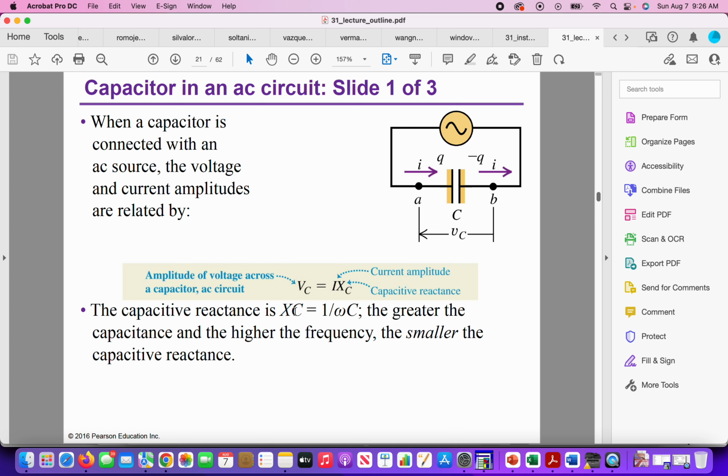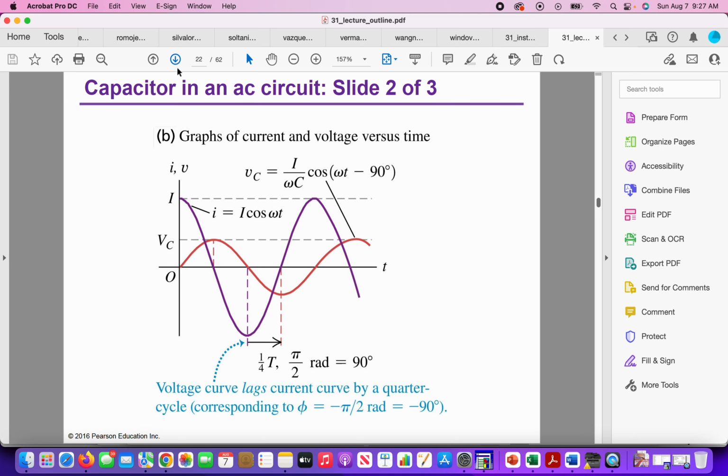XC equals 1 over omega C, and the greater the capacitance and the higher the frequency, the smaller the reactance. This is very important for you to understand when we analyze circuits with both components.